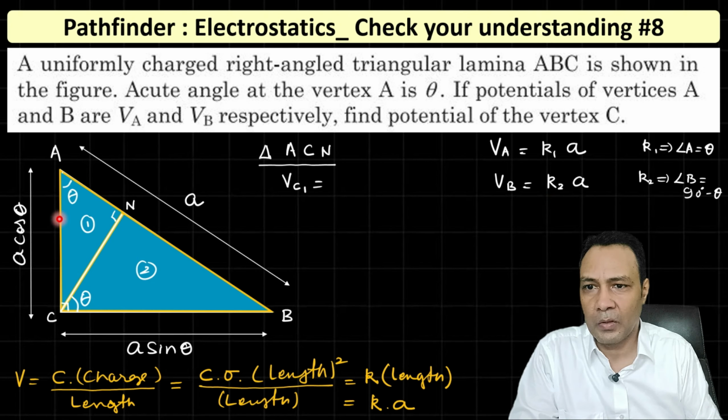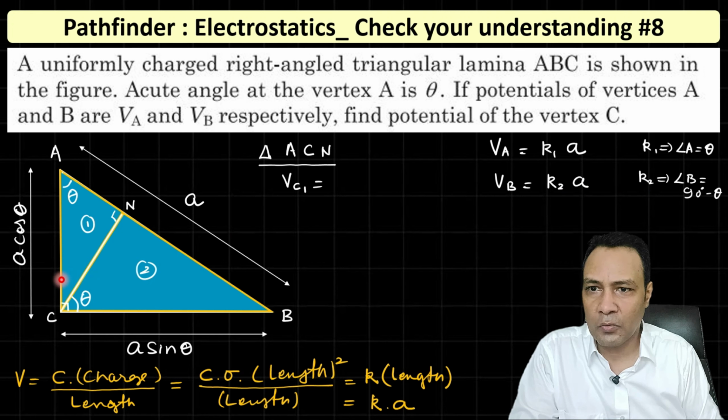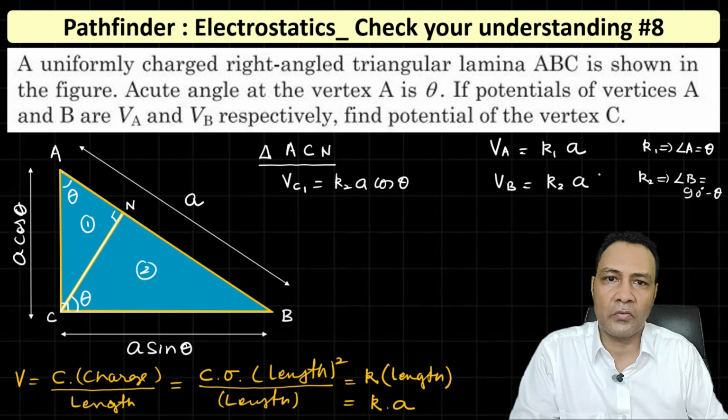Now here this is the lamina, and I have to find potential at C. The angle here is 90 minus theta, so the constant will be K2 into the hypotenuse of this lamina, which is A sine theta. So VC1 would be K2 into A cos theta, and K2 into A is VB. So this is basically VB cos theta.